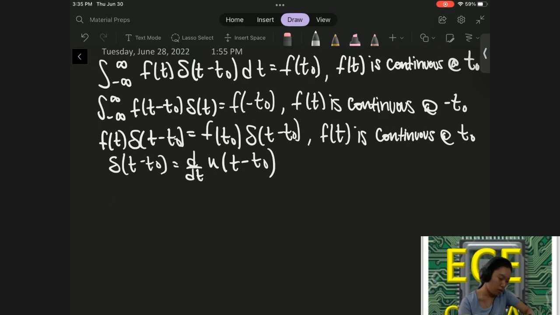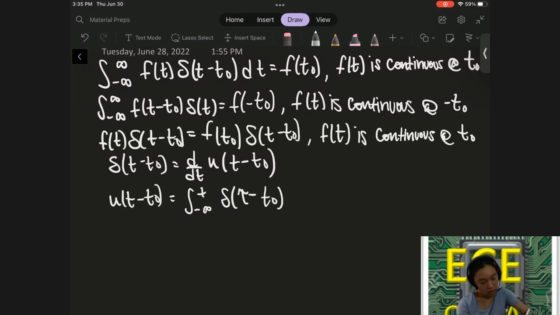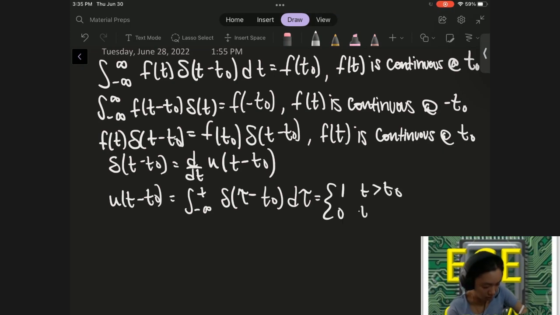And u of t minus t naught equals the integral from minus infinity to t of delta of tau minus t naught d tau, which equals 1 at t greater than t naught and 0 at t less than t naught.